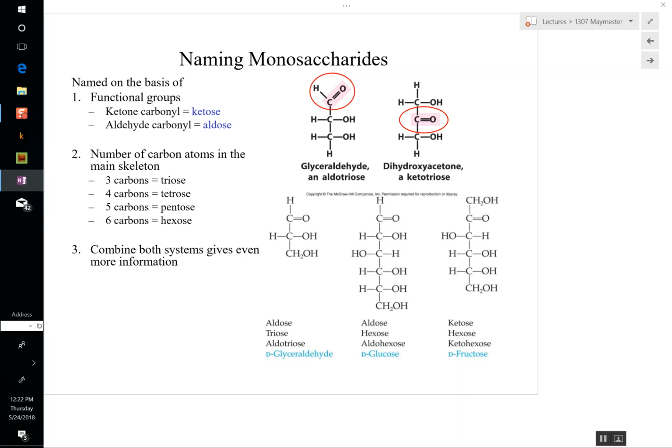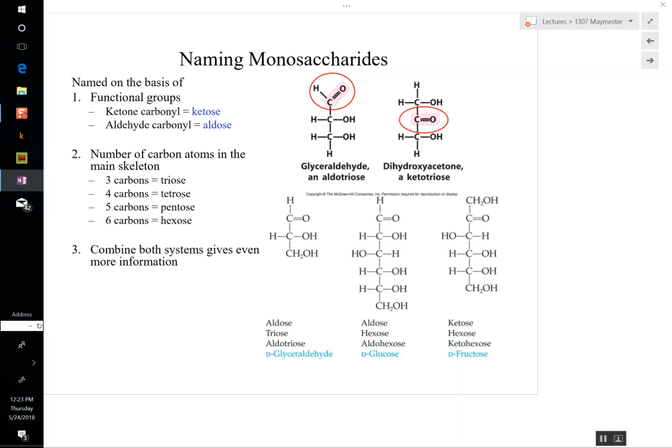But that carbonyl can either be an aldehyde, like this, and like this, or it can be a ketone, like this. So if it is an aldehyde, we're going to say it belongs to the category of aldoses. Aldose. So both of these are aldoses. This is not an aldose. This is a ketose, coming off the fact that it's got a ketone carbonyl.